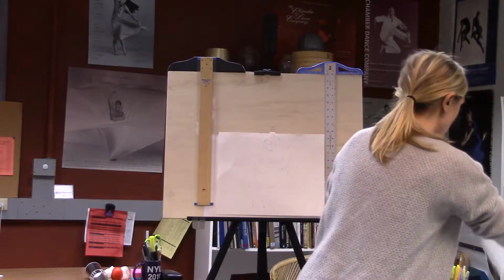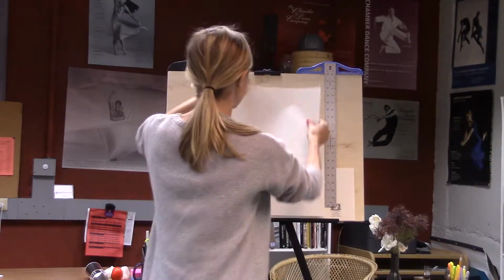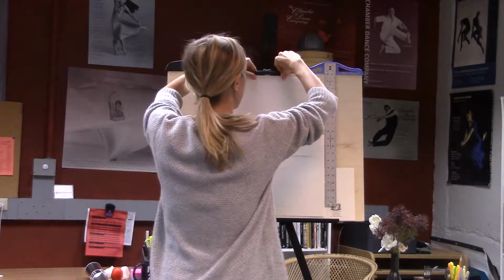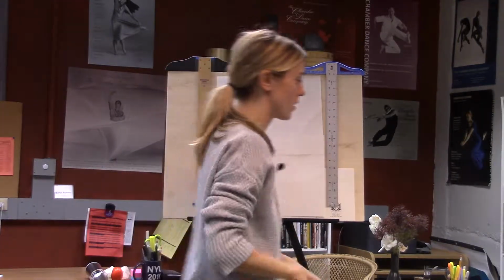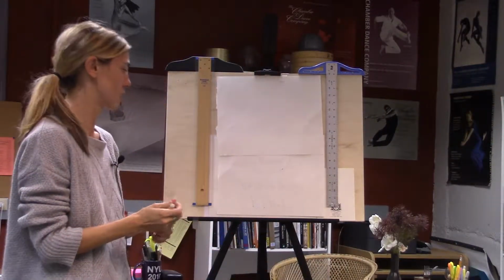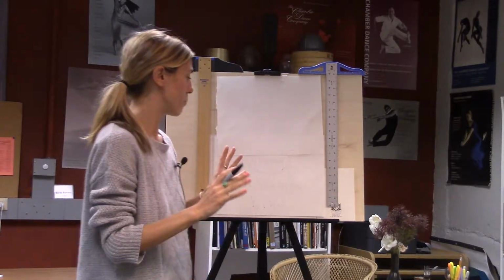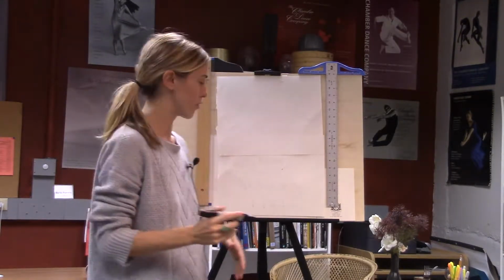So at the sort of most gross level, if we're looking at a single vertebra, just a basic single vertebra, there are two sort of main parts to the vertebra.